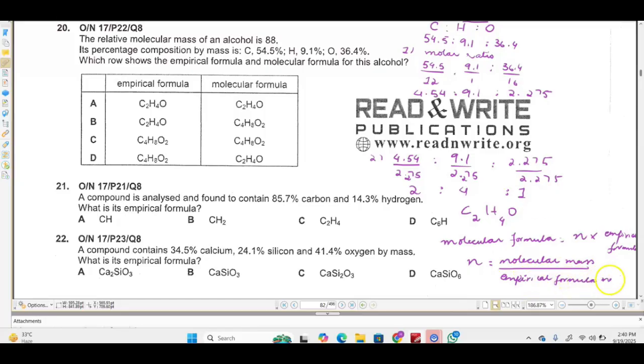So first of all, we need to find the mass related to empirical formula. Our empirical formula was this.